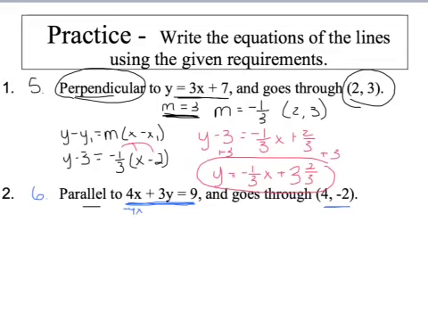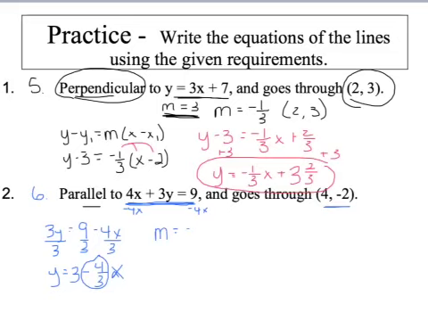So I'm going to subtract 4x and divide everything by 3. So the slope for their line is negative 4/3, sorry, negative 4/3 x. That's the slope that I want for my line in order for our lines to be parallel.